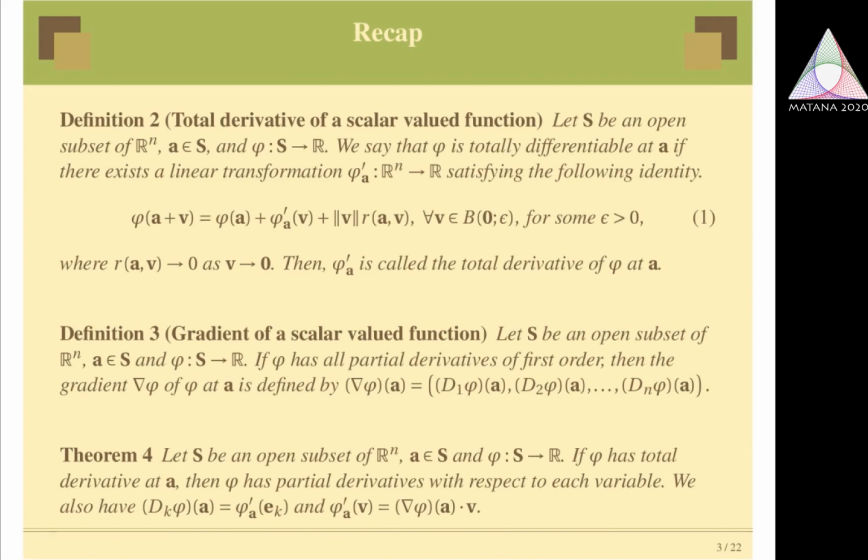There is a theorem which connects the total derivative and the gradient: phi'(a) at v is the gradient of phi at a dot v. In particular, the partial derivative of phi at a with respect to the kth variable is simply phi'(a; e_k).